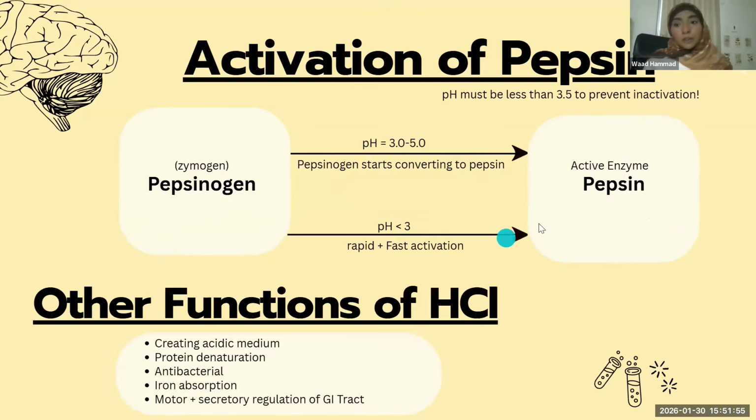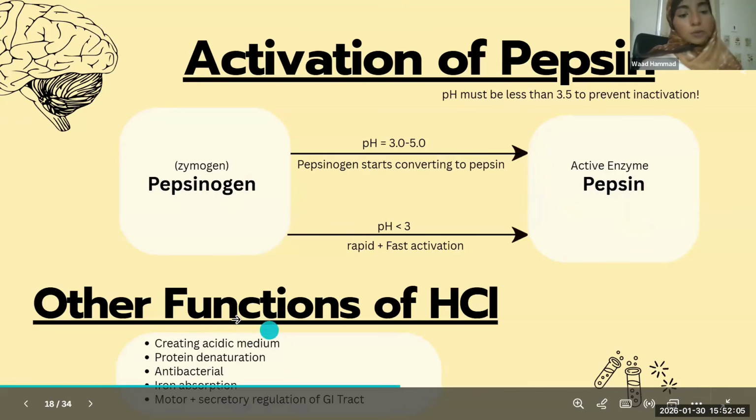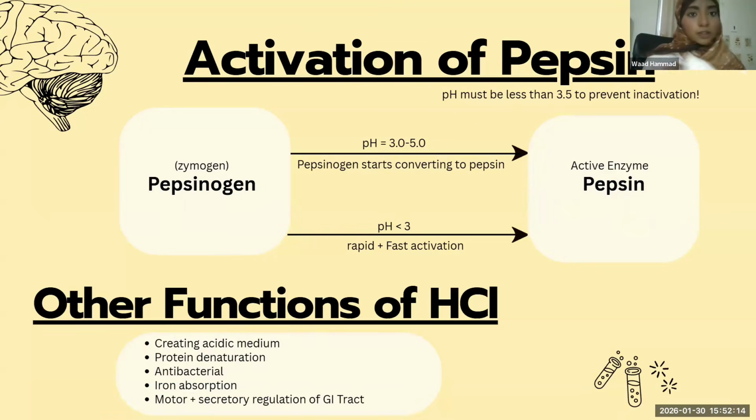And now that we know one function of hydrochloric acid, which is creating the optimum pH for pepsinogen to be converted into pepsin, we can talk about a few of the other ones. The first one, creating an acidic medium for pepsinogen. Second one is protein denaturation. This plays a role in breaking down food. We want to denature proteins in our food so that it's no longer huge chunks.